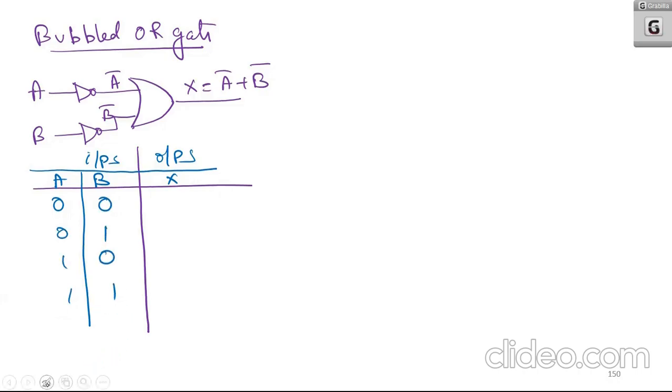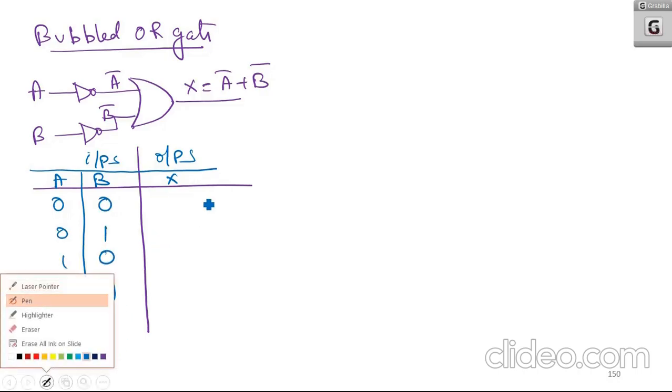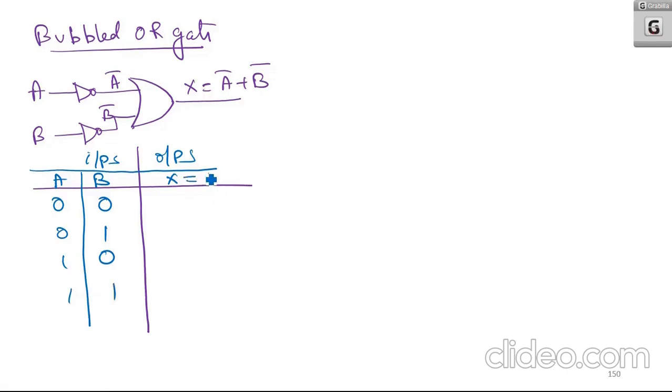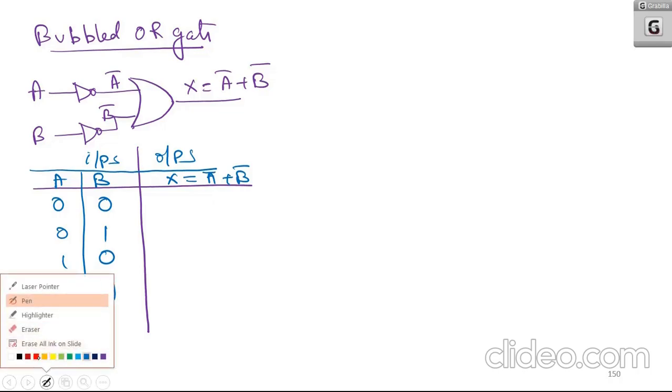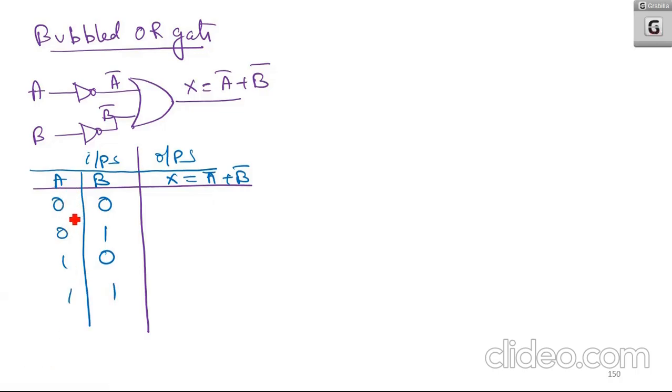Now how will be the output? You have to take it as X is equal to A bar or B bar. Okay. So I will write here in other colors. So A bar is 1, B is 0, B bar is 1. 1 means bar is 0. 0 means bar is 1. Here also 1 becomes 0.